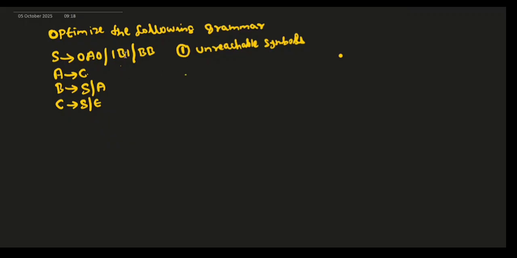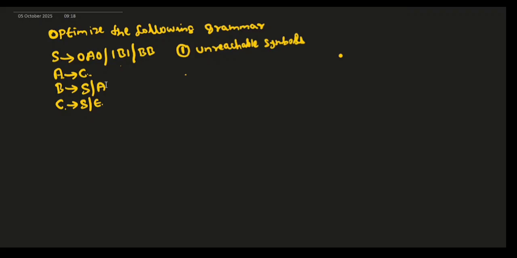Now when we go for B, S tends to 1 B 1. So B is a non-terminal. We'll go for B. B generates S, S generates A. Now this A can be converted into C and C can be converted into epsilon. So obviously B is also reachable. Now for C, C can be replaced by epsilon.